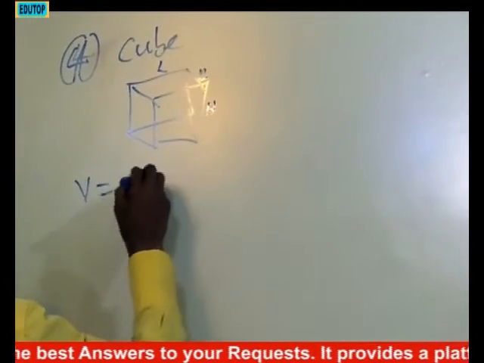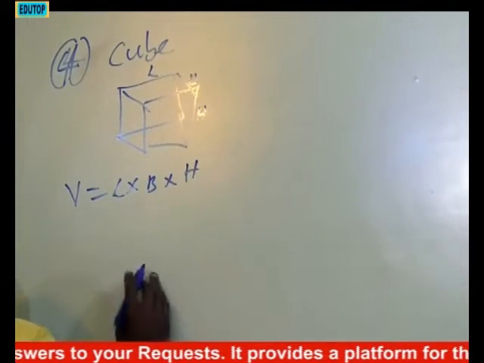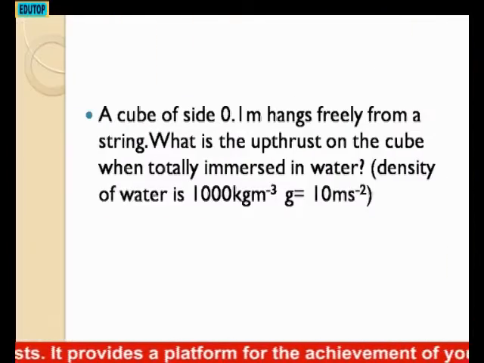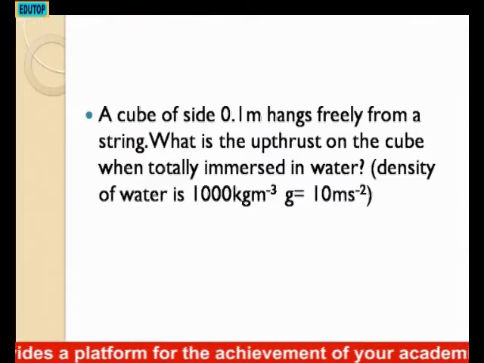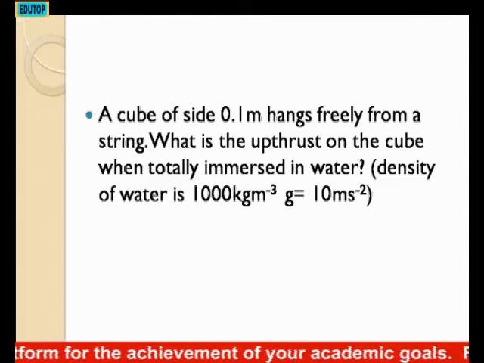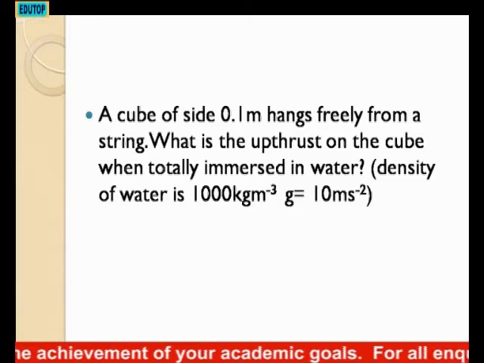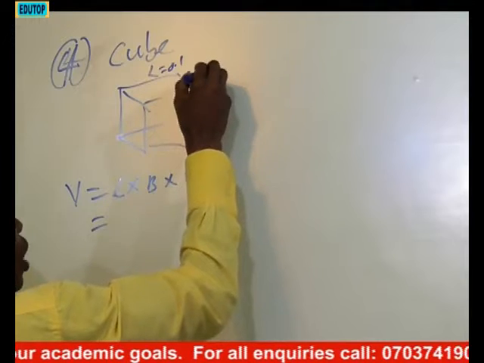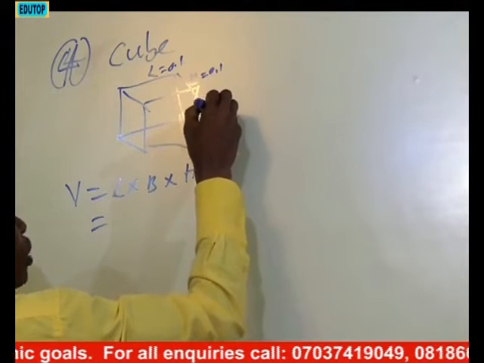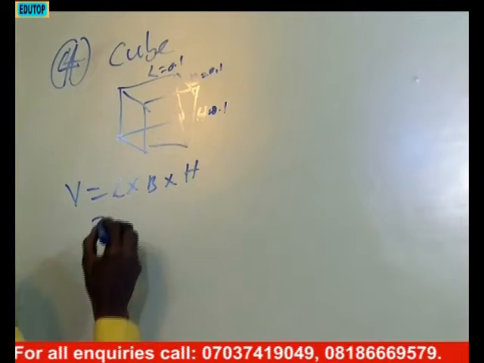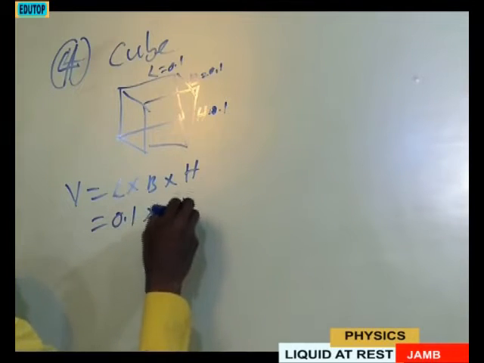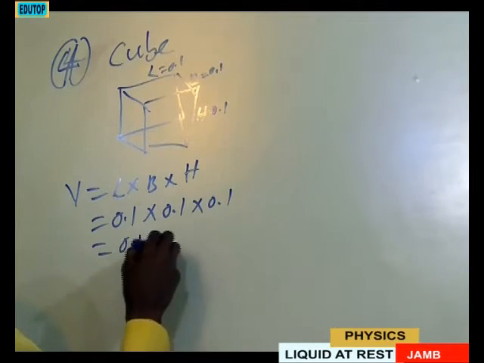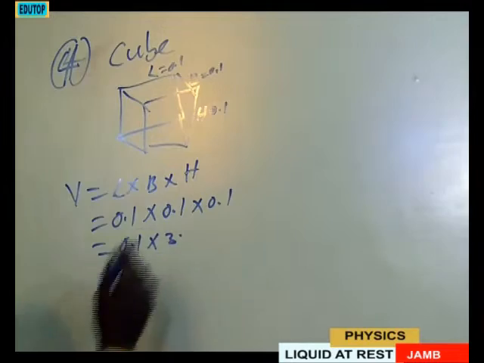We are given the value for one side of a cube, and once we know the value for a side, automatically we know the value for the other dimensions. This is 0.1 times 0.1 times 0.1. You can even say this is 0.1 to the power 3, and that's the volume. You can leave it like that.